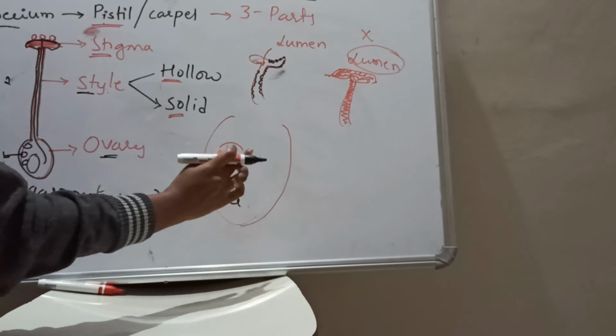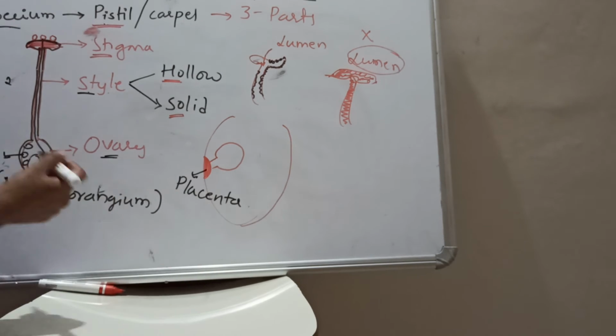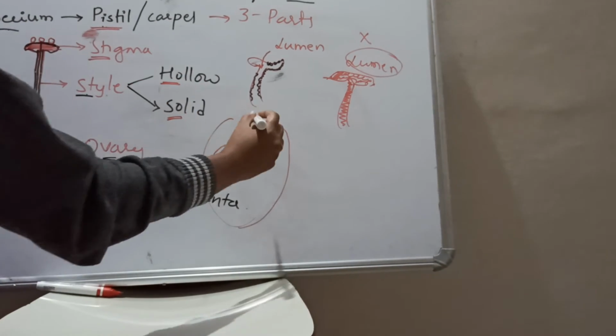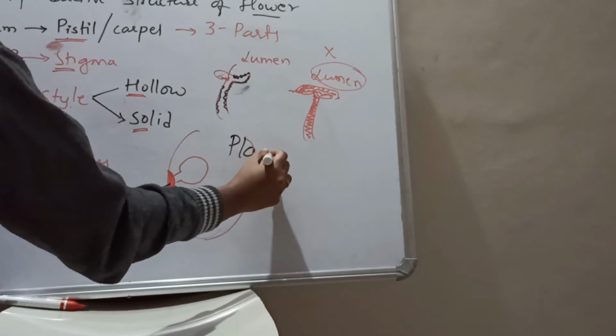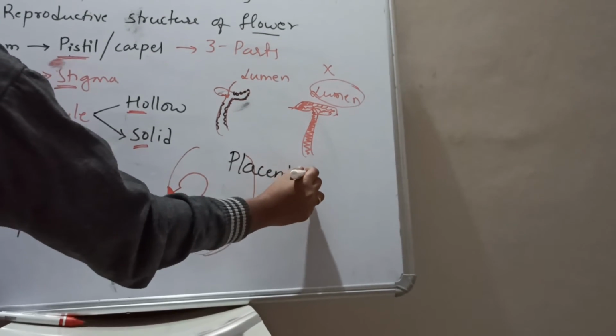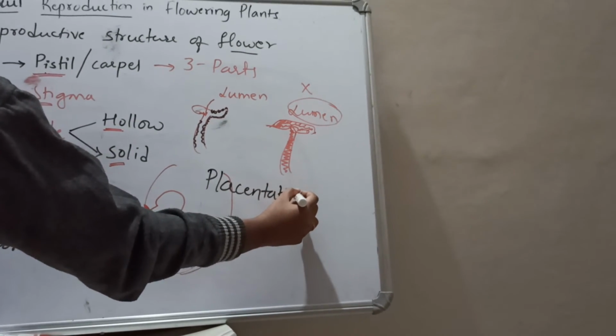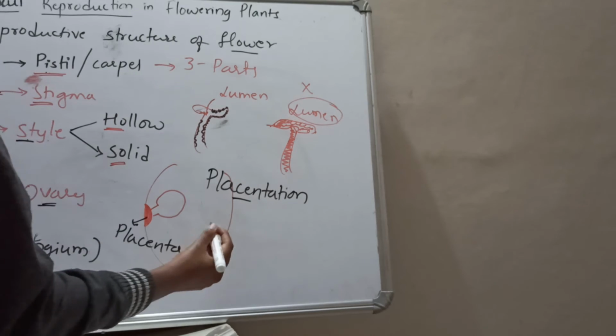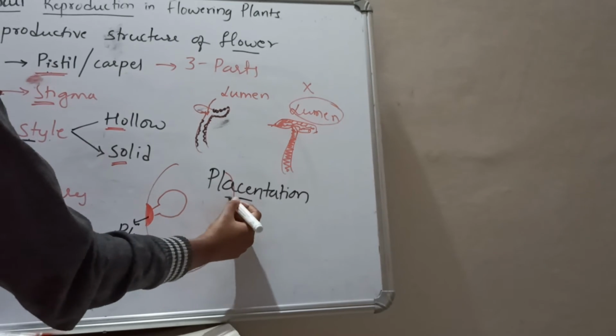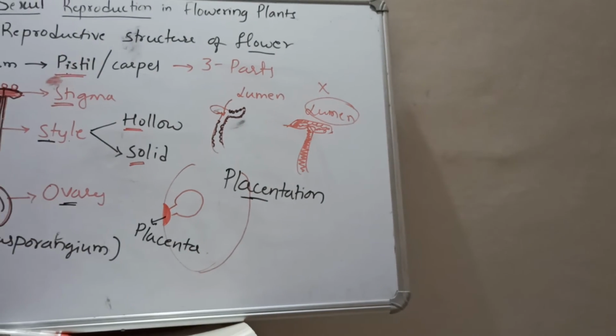The ovules are attached to the placenta, and that is called placentation. The attachment or the arrangement of ovules to the placenta is called placentation.